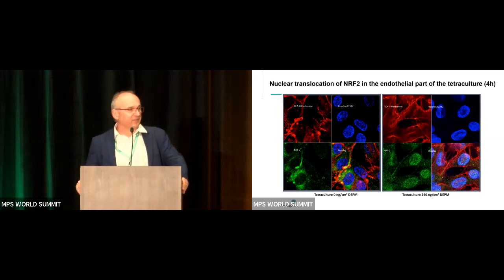And here it becomes really interesting. 4 hours after we had exposed the tetraculture to diesel exhaust particles, we see something very interesting. And this is the lower left quadrant, the green picture that is of interest now. That's immune staining against NRF2, which is a cytoplasmatic receptor that circulates between the cytoplasma and the nucleus.